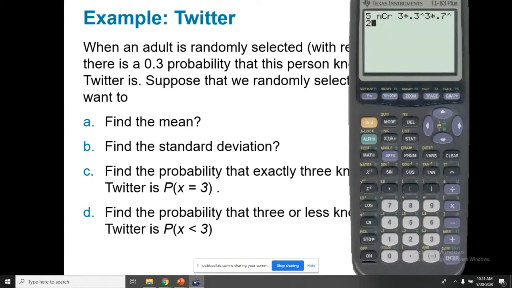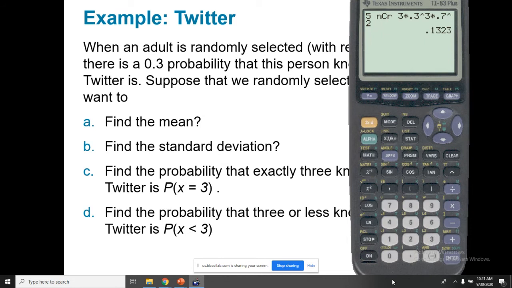That's 0.7, which is Q, and remember, in our formula, Q is raised to the n minus x. So n is 5 and x is 3. And when I hit enter, I get 0.1323.